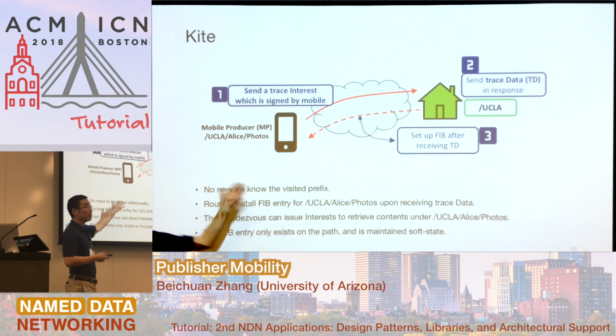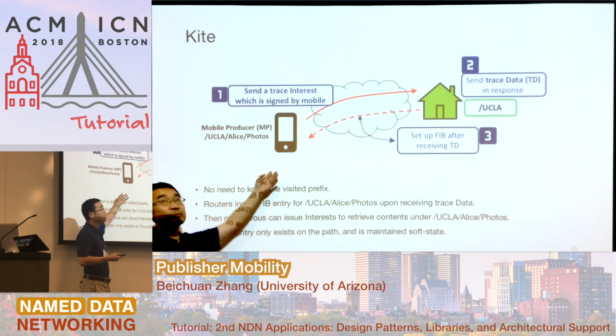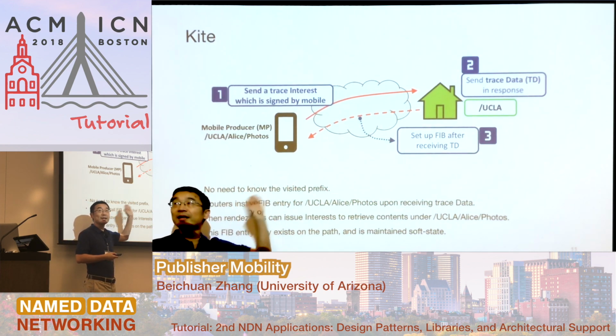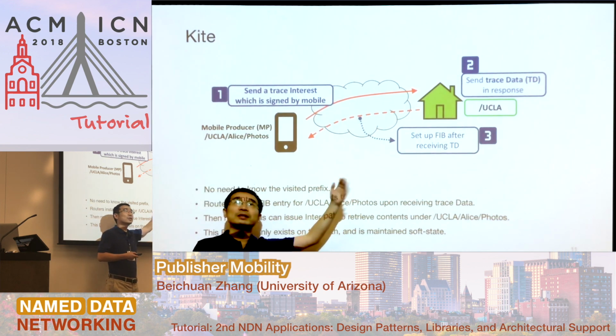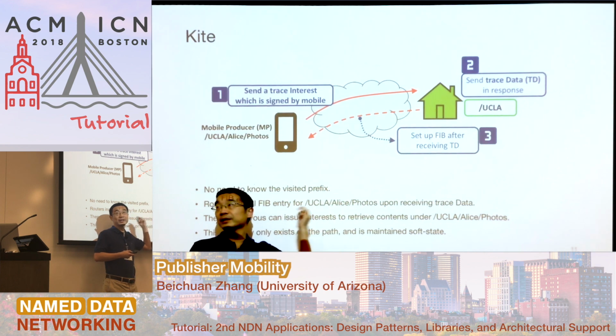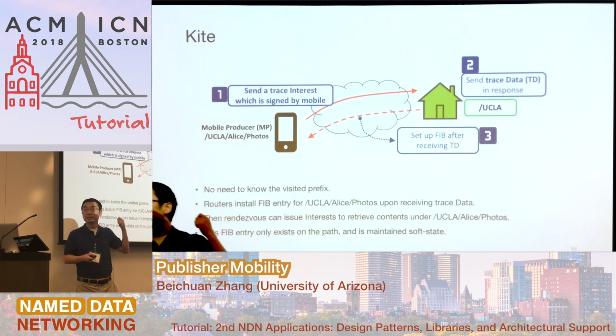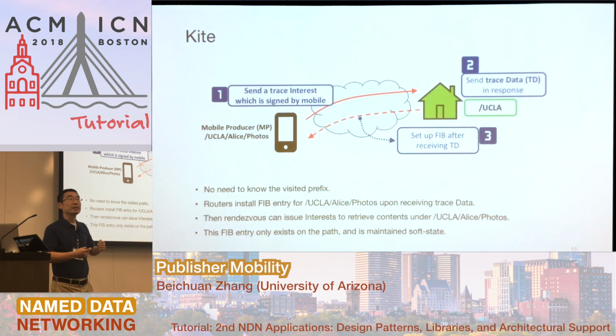You see here, we don't need to know where the mobile is. As long as there's a working path starting from mobile to the rendezvous, then we reverse that and can start retrieving data. So this is the idea: basically utilize the existing state already set up in the PIT and make use of that for the reverse data retrieval.